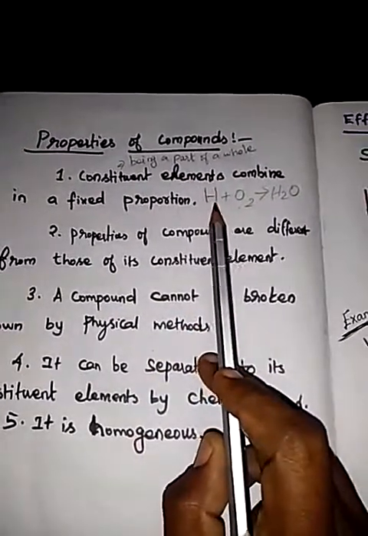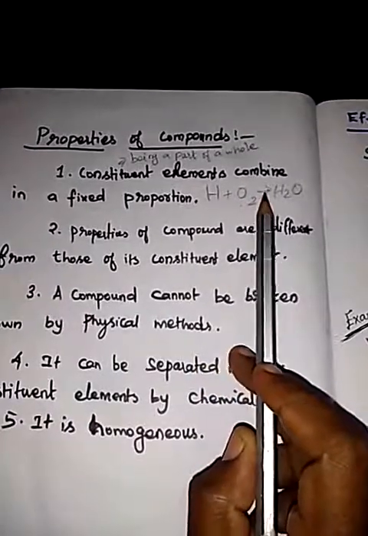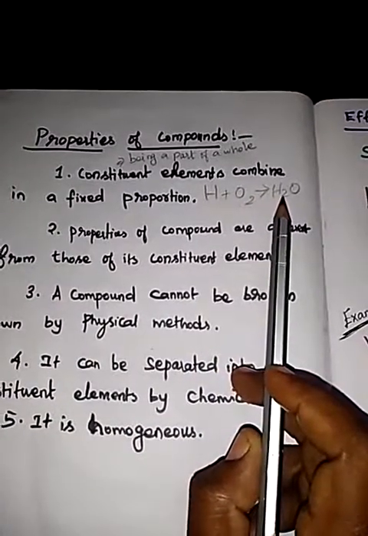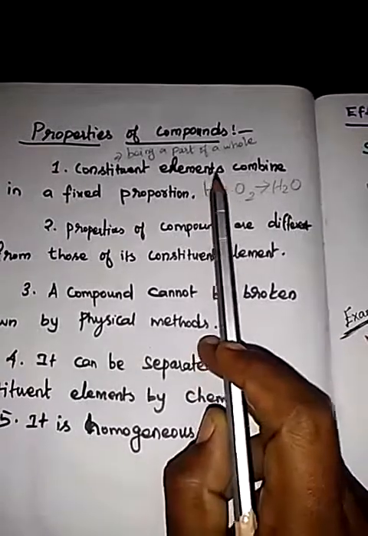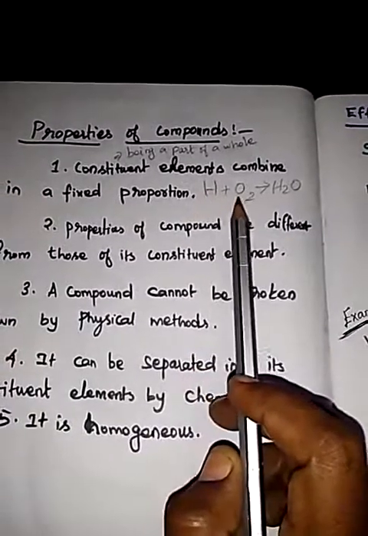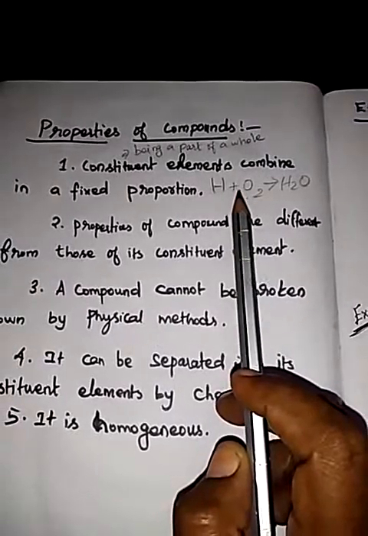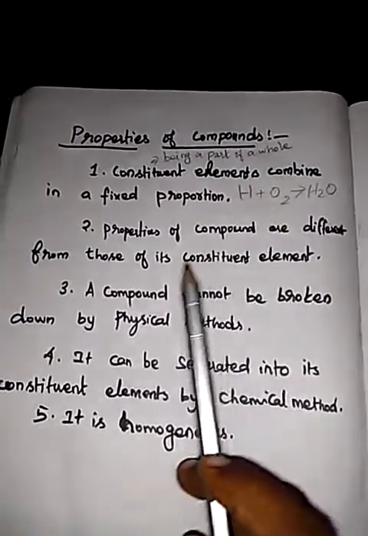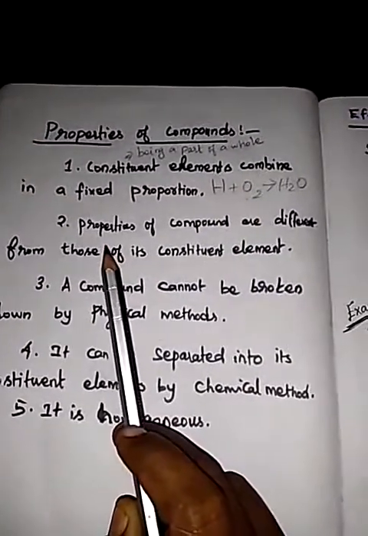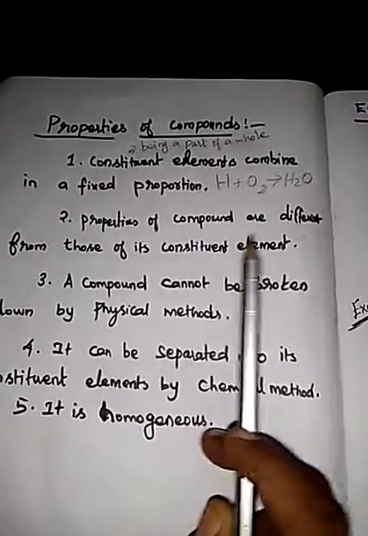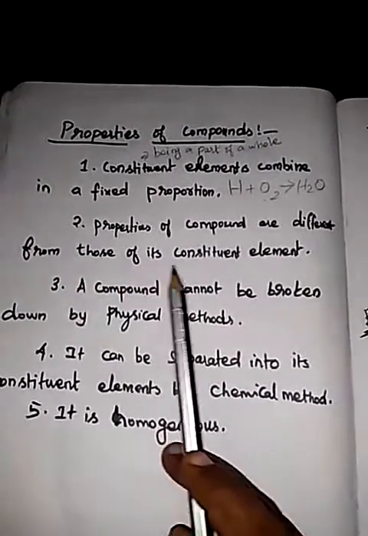Here we see hydrogen plus oxygen gives water, H2O. Here hydrogen is a constituent element and oxygen also a constituent element. Okay students, clear?